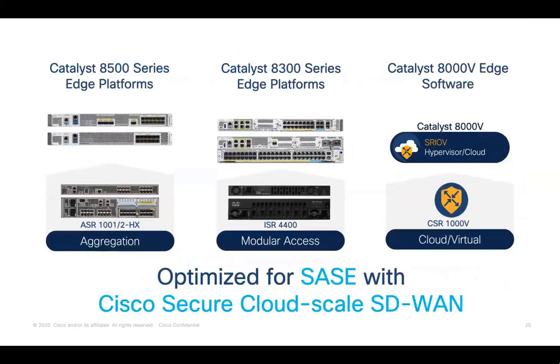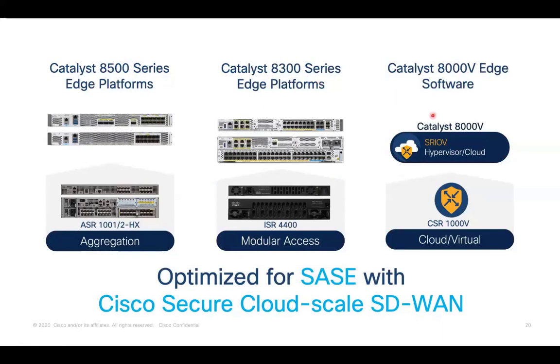A quick look at what's getting evolved. From the aggregation point of view, we have ASR 1000 1HX and 2HX platforms, which will be evolving into Catalyst 8500 series Edge portfolio. For modular access, we have ISR 4400 series, ISR 4451 and 4431, which will be evolving into Catalyst 8300 series Edge platforms.